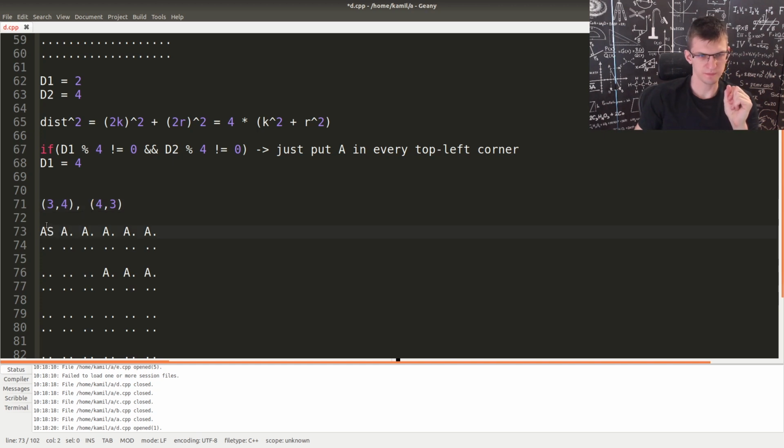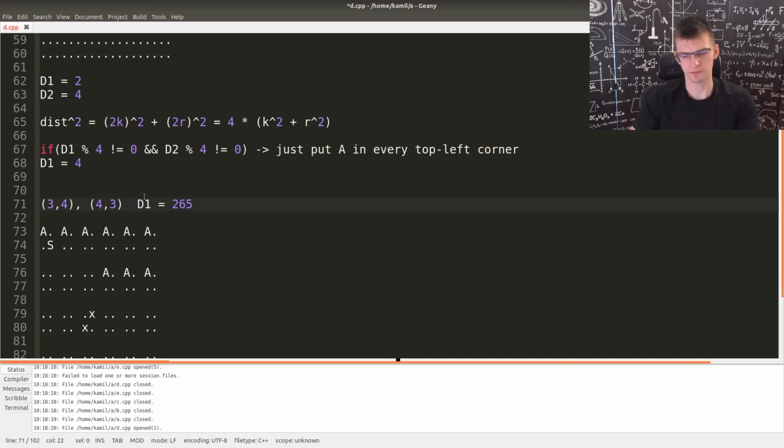So from this S, 1, 2, 3, 3, 4, I think we forbid those 2 cells. From this cell, if distance d1 is equal 5 squared, 25, if I cannot have the distance of square root of 25, then if I take this cell, I cannot take those 2.